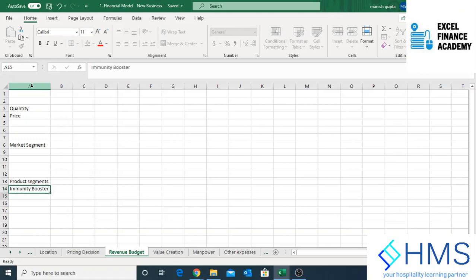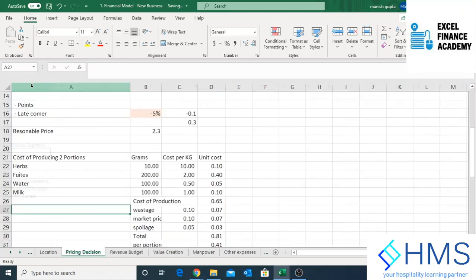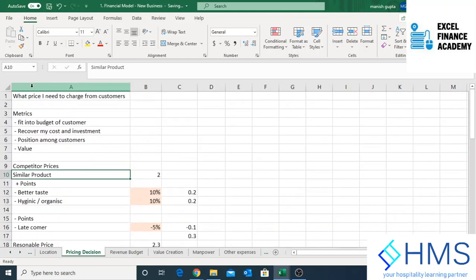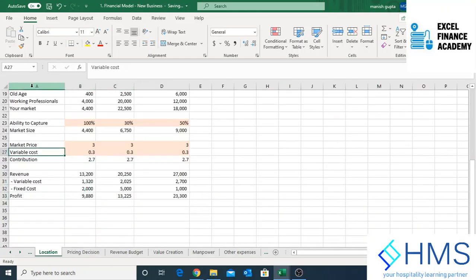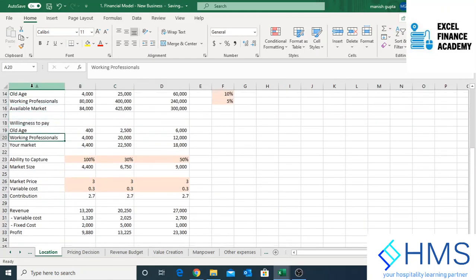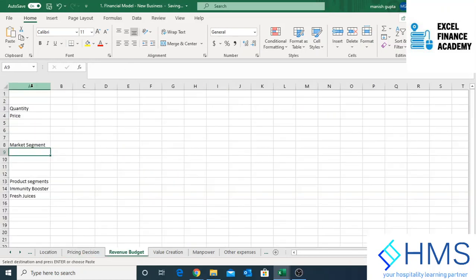Let's say at this point of time we may also sell fresh juices as well, like a byproduct. So this is what is going to be our product segments. The market segments that we chose earlier were these two, the old age people and working professionals. So let's put that as well as our market.